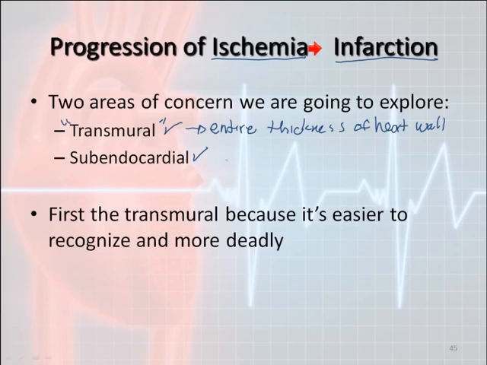Subendocardial, of course, is just the very innermost part of the wall, and we'll talk a little bit more about that later. The first thing we're going to discuss is transmural, because this is the one that is very easy to identify on a 12 lead, and it's much more deadly, of course, because the ischemia or infarction is involving the entire thickness of the heart wall, from the subendocardial layer all the way out to the epicardial layer.